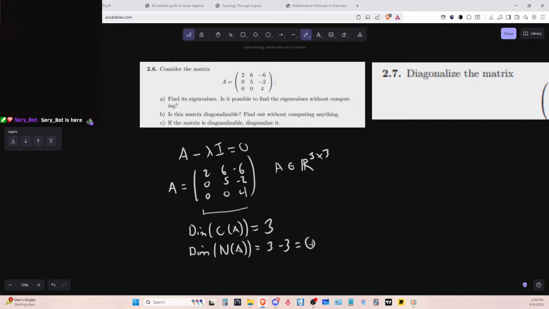But it would still have eigenvalues, we just don't have any vectors in it, I think. If anyone in chat thinks I'm not stating things correctly, let me know, because I'm trying to remember exactly what I'm learning in linear algebra so far.